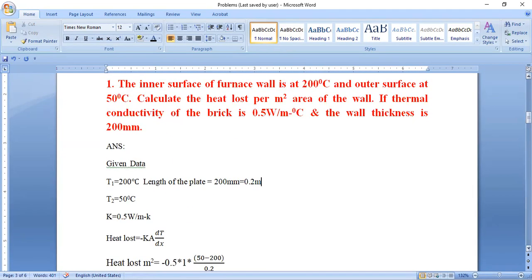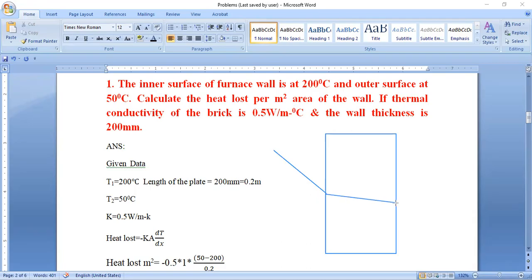See here, I just draw the furnace wall. T1 is equal to 200 degrees Celsius.